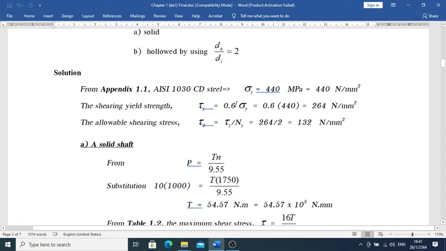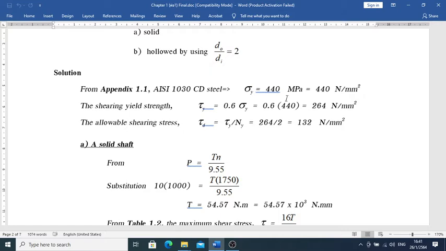Okay, so therefore, it's given by the problem set: 1030 CD steel. Based on appendix 1.1, we got a sigma y of 440, so 440 newton per millimeter squared. And since this problem involves shear, we find tau sub y is equal to 0.6 sigma y due to the simple stress relationship, of course.